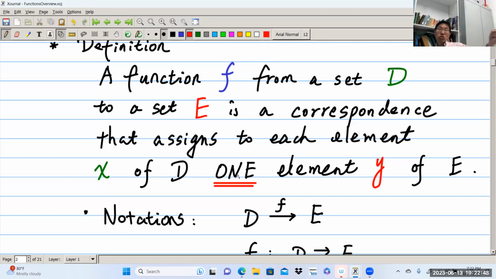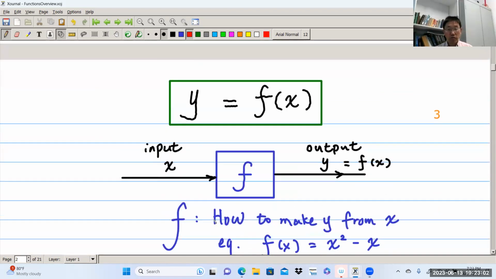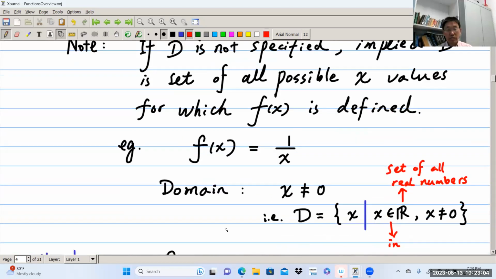So for each input, there is only 1 output, not 2, not 3, only 1. For each input, this function produces 1 output.